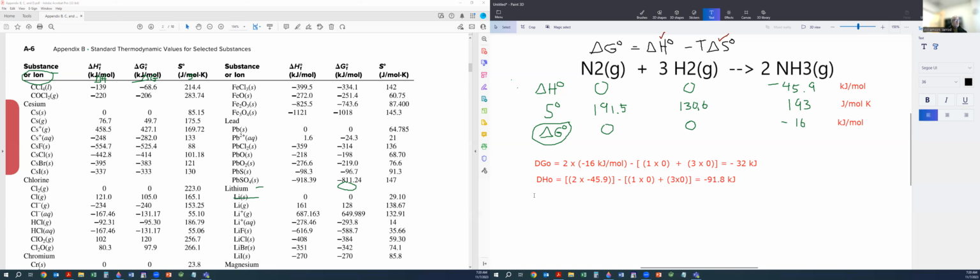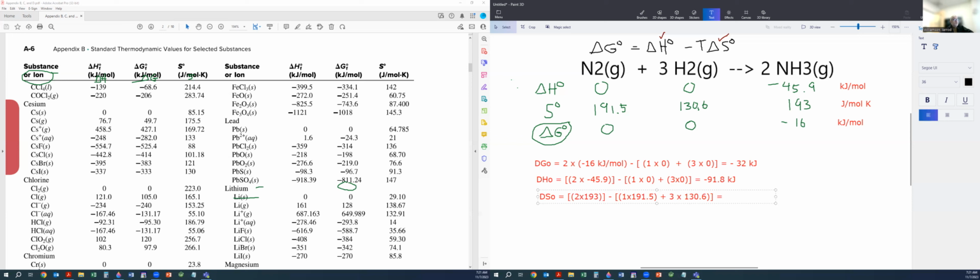All right. Delta S under standard conditions is going to be equal to products minus reactants. That's going to be 2 times 193 minus 1 times 191.5 plus 3 times 130.6.